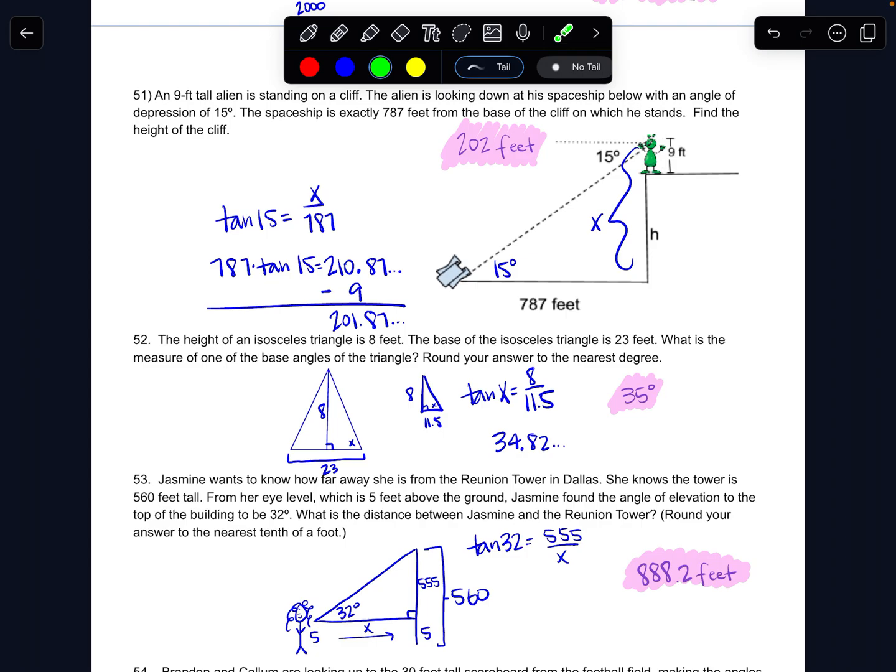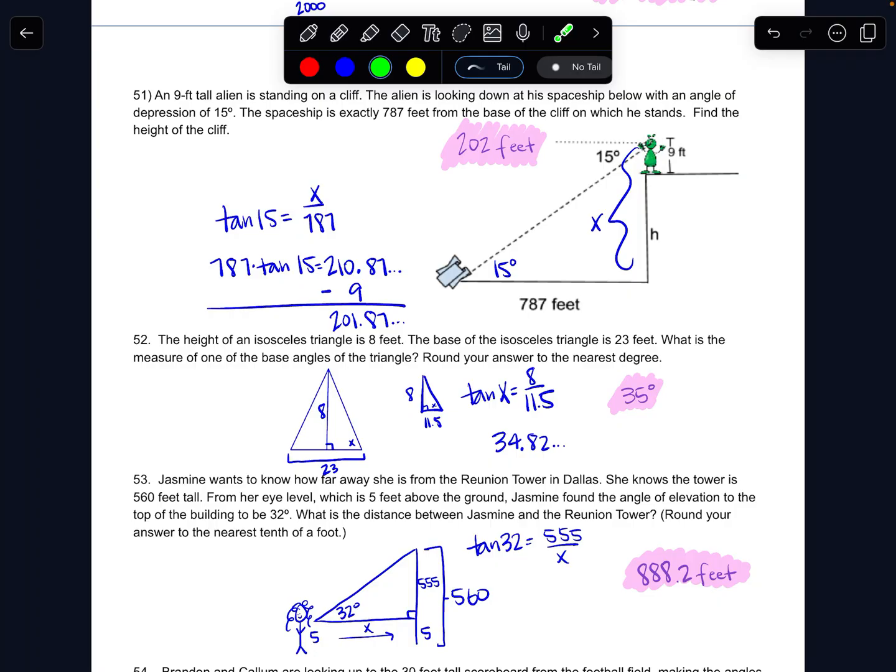So we are looking for the height of the cliff, but remember the angle of elevation is measured from the top of our little alien. So whenever we find our x value, which will be this whole section over here, we're then going to have to take away that 9 feet. We have the adjacent and we need the opposite, so we're going to use tangent.